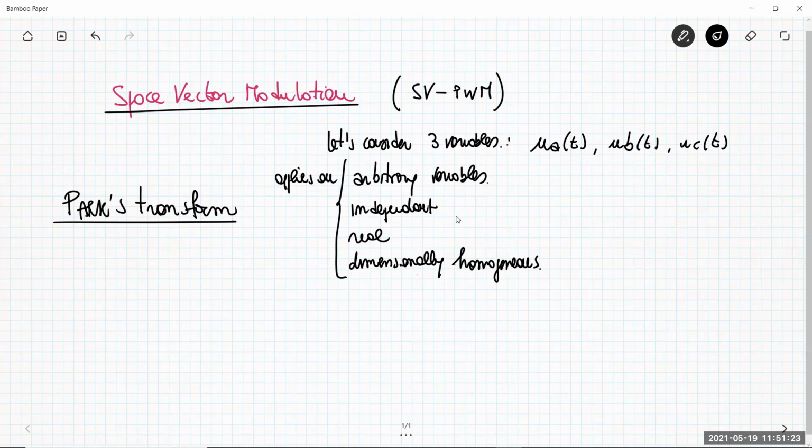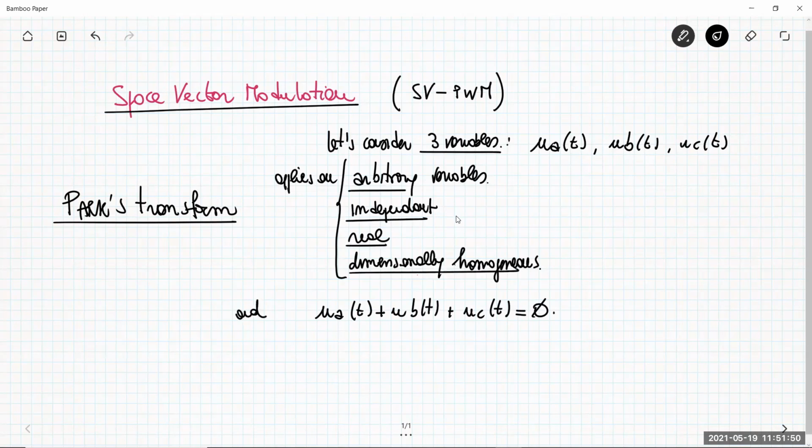And another important characteristic that they must have is that their sum must be 0. Okay, if you have these characteristics, and their sum is 0, these variables can be represented in a bidimensional plane by using this transformation.